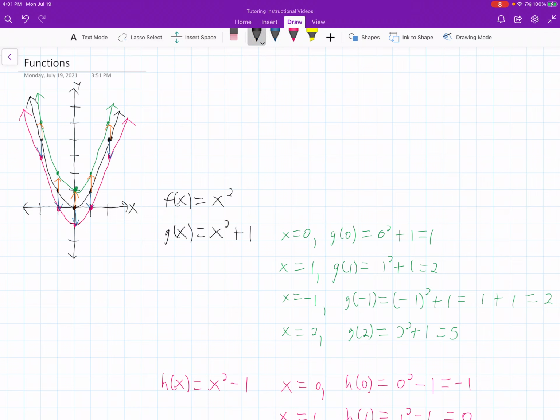So if we want to think of it pictorially in general, if I just have any generic graph, let's say some loop f of x, I want to talk about translating the function up or down.